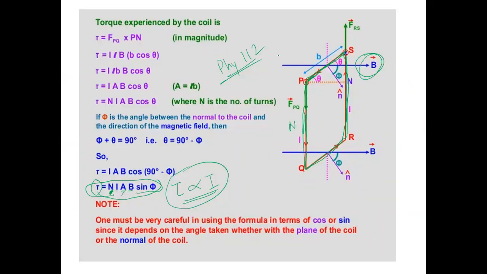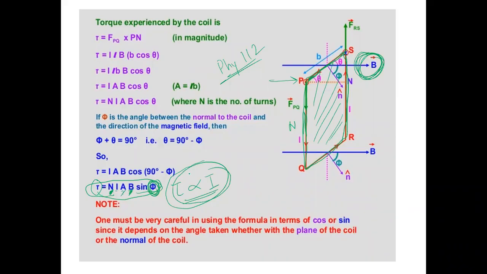Then A, the area, is constant. Then B is constant. And phi, we usually take as 90, so it is constant at 90 all the time. Then you can write this as tau proportional to I.